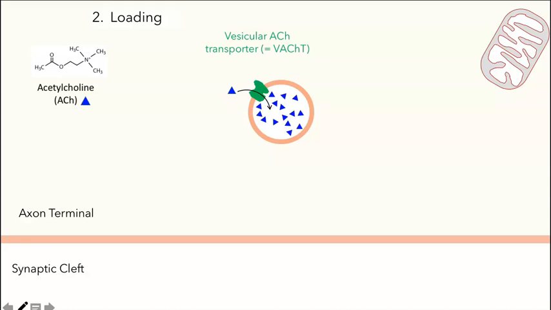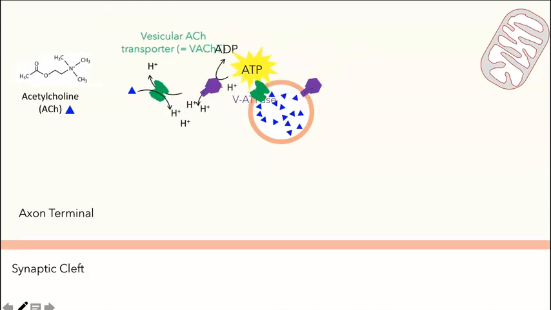It moves acetylcholine from the cytoplasm into the vesicle, and it pays for that movement by moving protons from the vesicle interior out into the cytoplasm. To establish the proton gradient, the vesicle membranes also contain a vacuolar ATPase pump, and this pump is running constantly, breaking down ATP and then moving protons into the vesicles so that there's a high concentration of protons. This will allow the antiport then to run and move the acetylcholine against its concentration gradient.